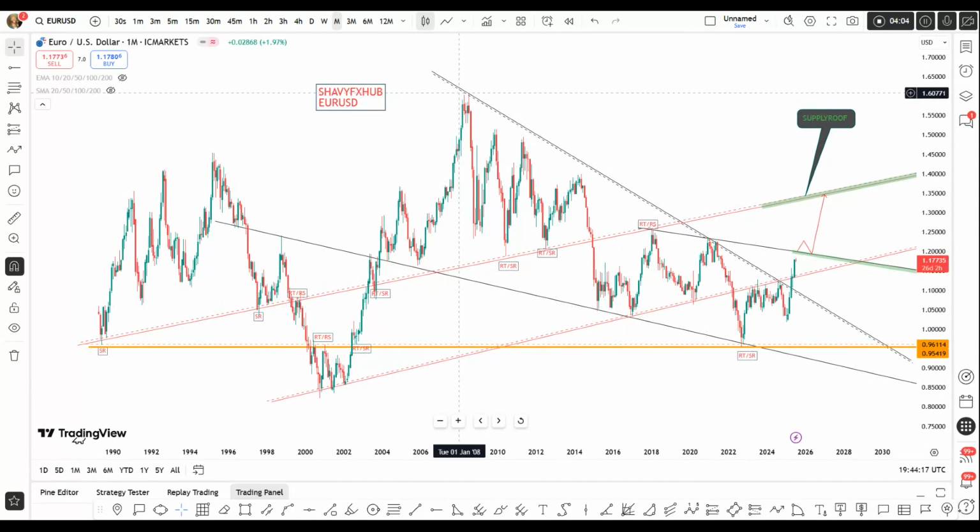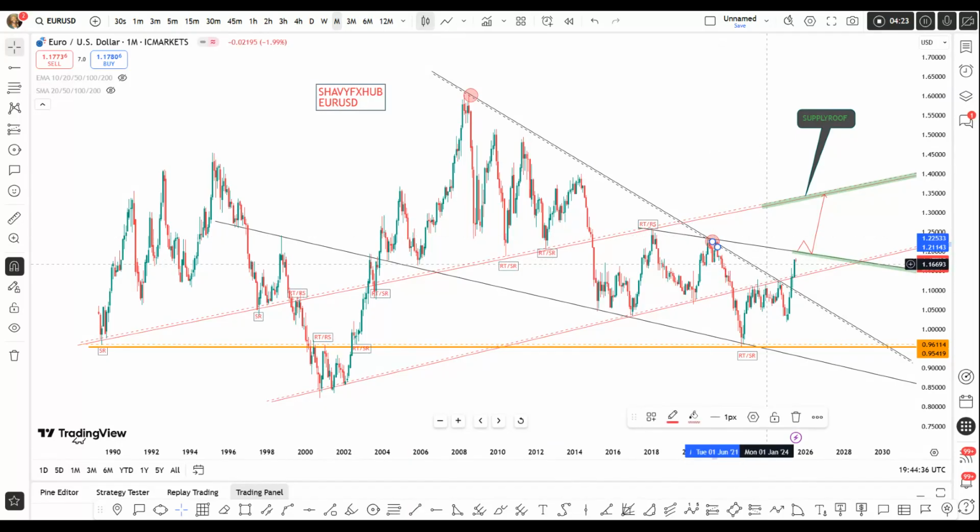And if you look here, we have a structure in 2008, and that structure has been broken technically. ROS1, ROS2 with a double top structure, and price came back ROS3, giving you a descending trend line, DTL.